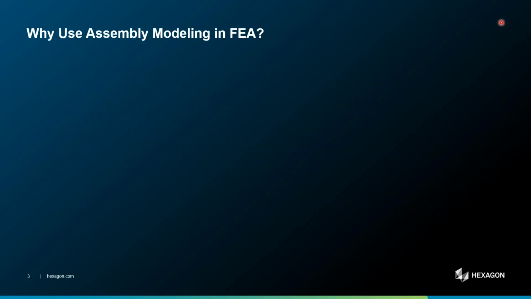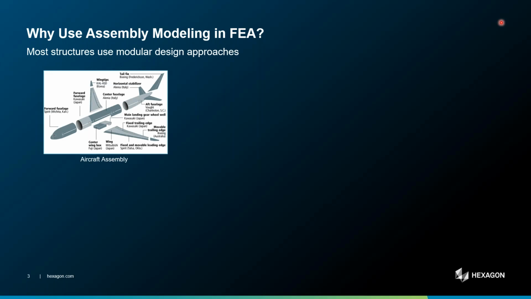The first question we want to ask ourselves is, why use assembly modeling and finite element analysis in the first place? I think it's because most structures use a modular design approach. They're often built in a modular fashion and then brought together for assembly. That's true for the aerospace industry, where the wing might be built in one place, the fuselage in another, and they're brought together for final assembly.